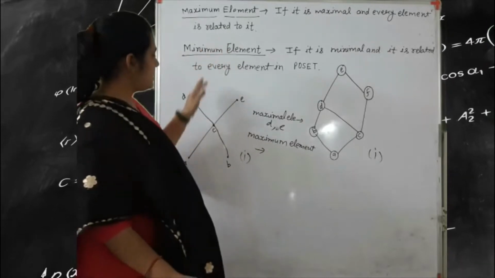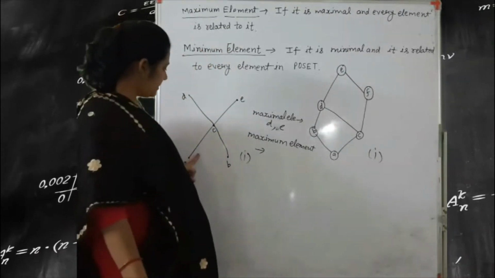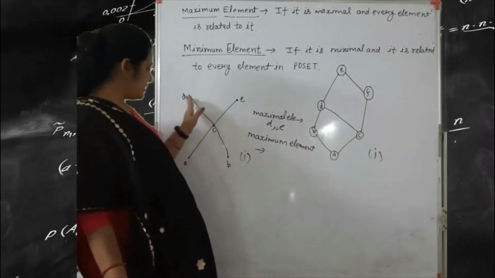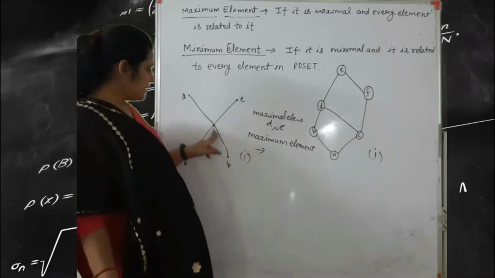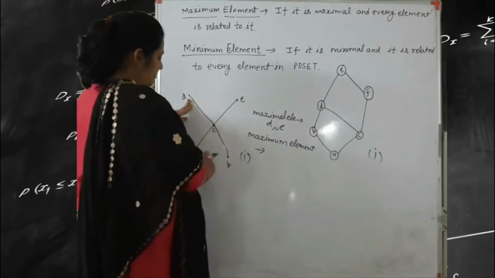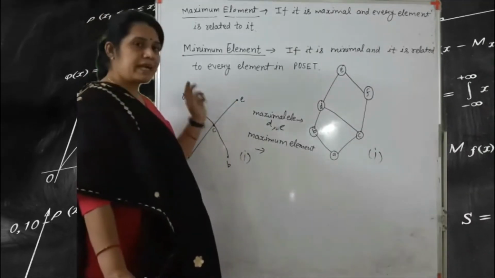Every element is related to it. So A is related to C and C is related to D, so obviously A is related to D. B is related to C, and C is related to D, so obviously related to D. A and B are related to C and C is related to E. So D and E are maximal elements.